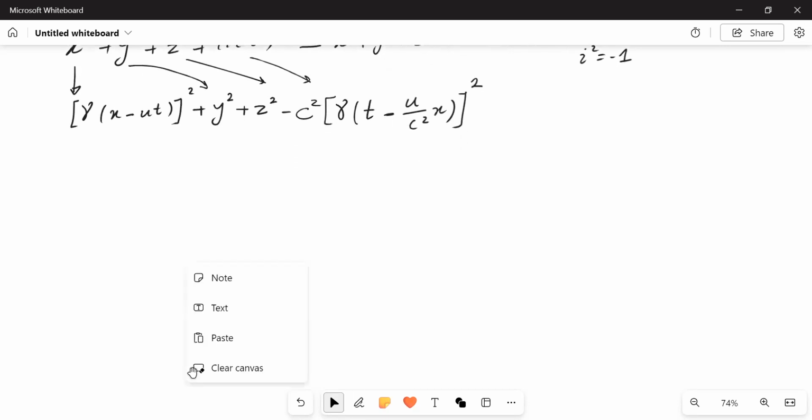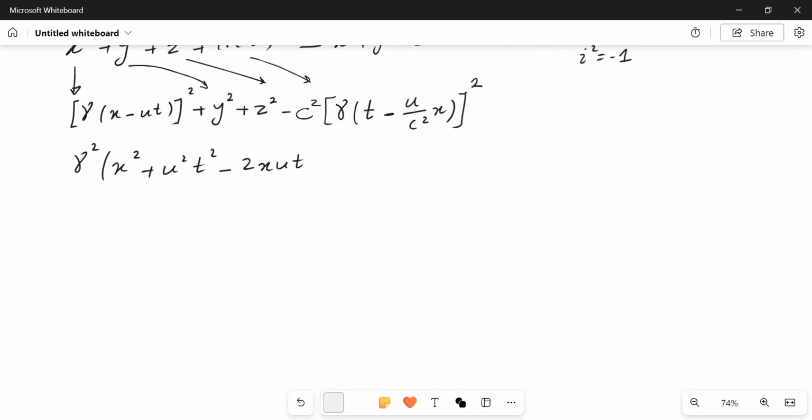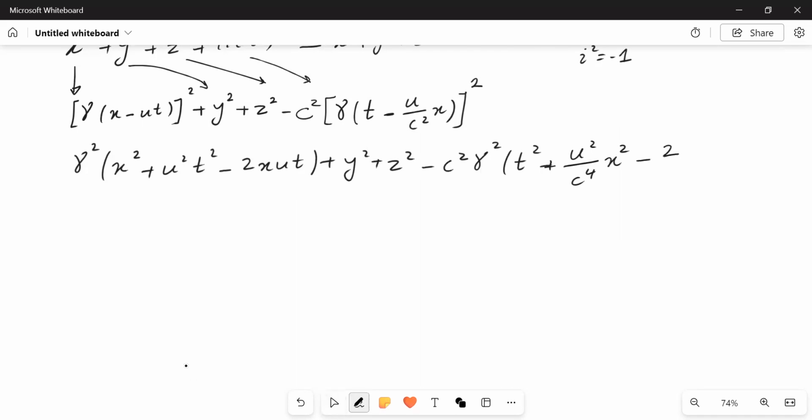So here we have gamma squared times (x squared plus u squared t squared minus 2xut), and then plus y squared plus z squared minus c squared, and then here again, we have gamma squared times (t squared plus u squared over c to the 4th power x squared minus 2tux over c squared).